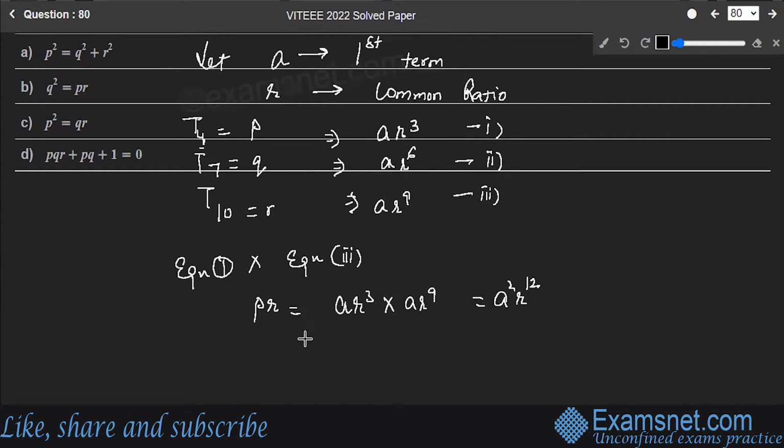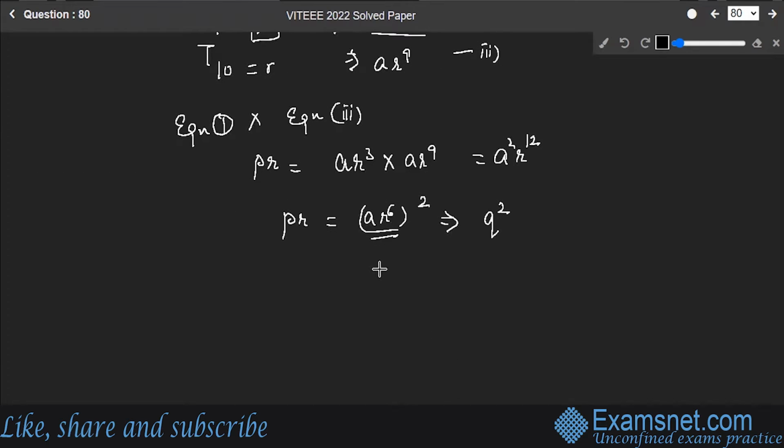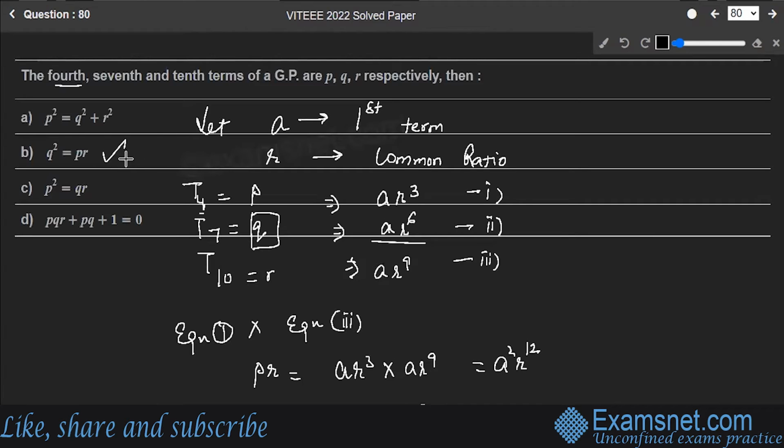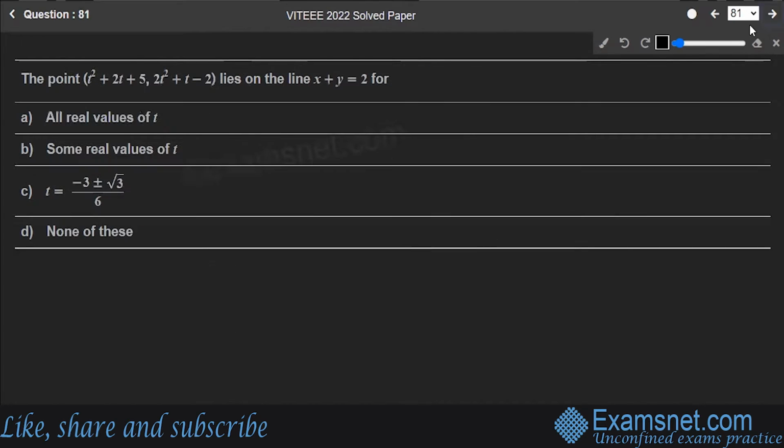Similarly, pr can be written as (ar^6) whole raised to power 2. What is ar^6? That was equal to q itself. So that is equal to q square, which makes p into r equal to q square. So this is option B. Here is the correct answer to the question. Hope you got that. Next question, 81st.